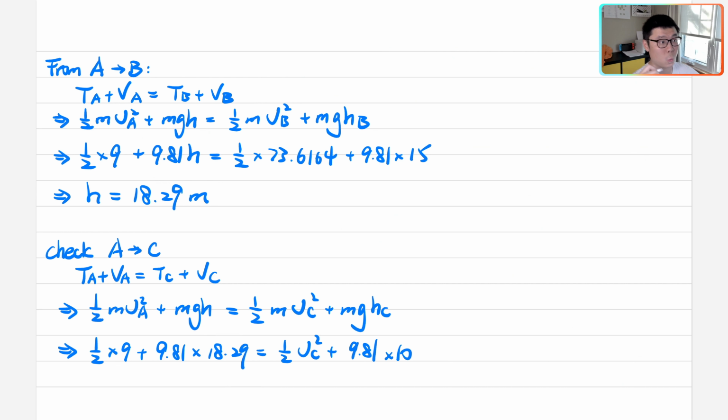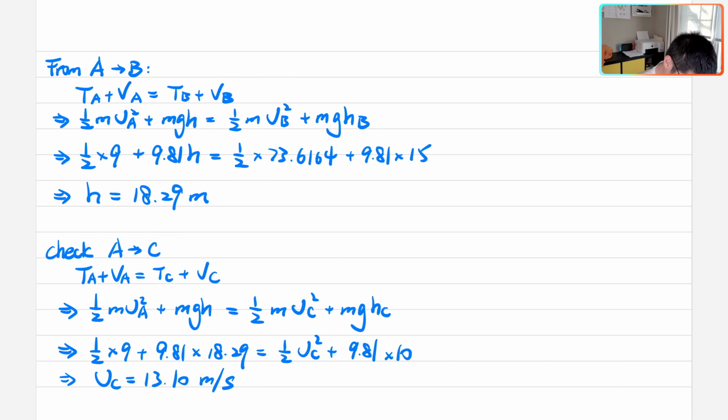We want to check whether this velocity c given by the height 18.29 will be enough, in other words, greater than the minimum velocity vc that we calculated on the previous page. And we'll have this velocity here, 13.10 meters per second. If you recall from the previous page, the minimum velocity at point C is 7 meters per second.